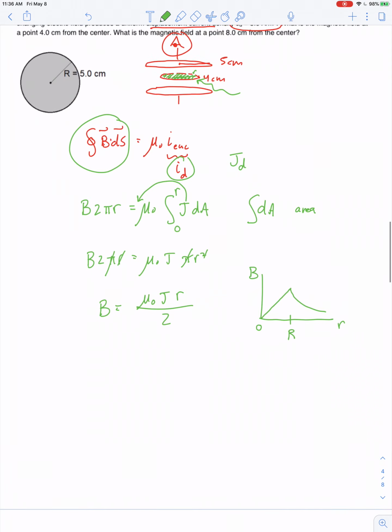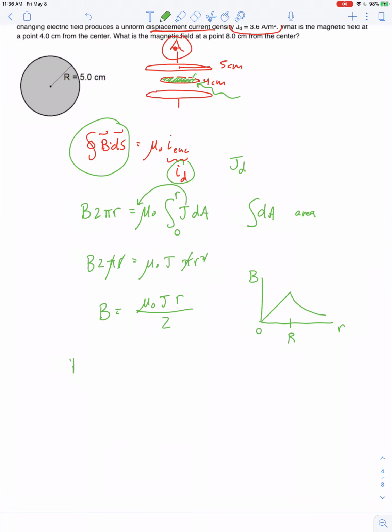Okay, if we want to plug in numerical values, we have B equals 4 pi times 10 to the negative 7th Tesla meters per amp, multiplied by 3.6 amps per square meter, multiplied by 0.04 meters, divide by 2. Let's see what this comes out to dimensionally before we grab our calculators. Amps cancel amps.